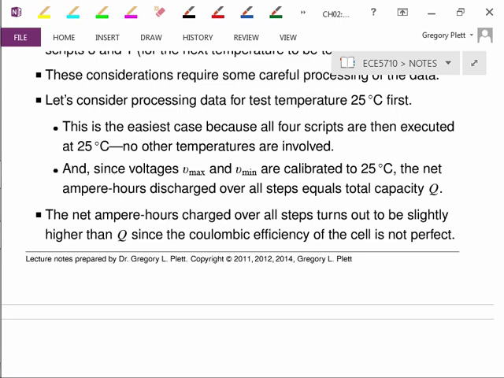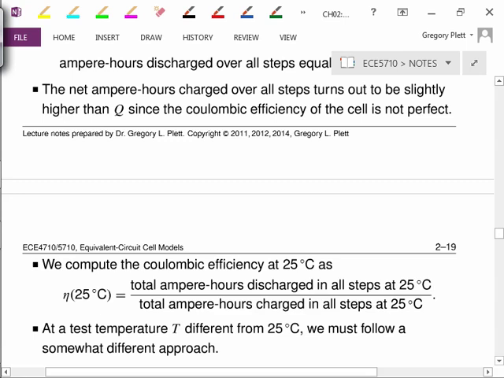And because voltages Vmin and Vmax are calibrated to 25 degrees C, the net ampere hours discharged over all steps equals the total capacity of the cell Q. The net ampere hours charged over all the steps turns out to be slightly higher than Q, the capacity, because the coulombic efficiency of this cell is not perfect.